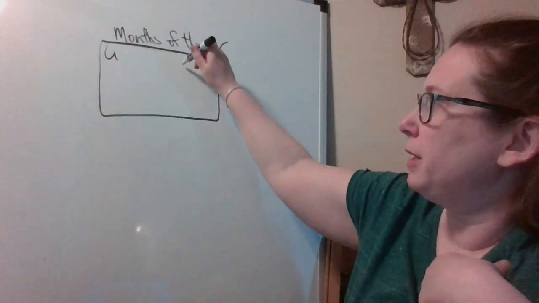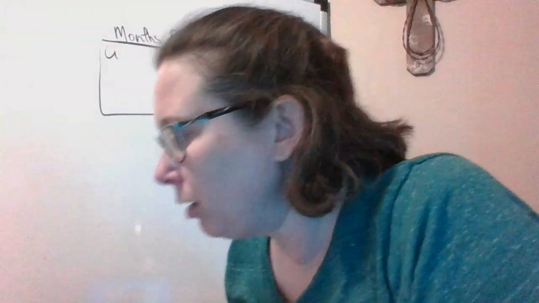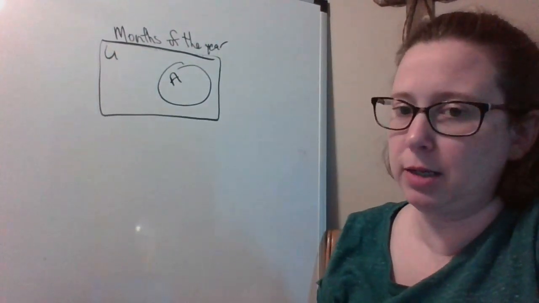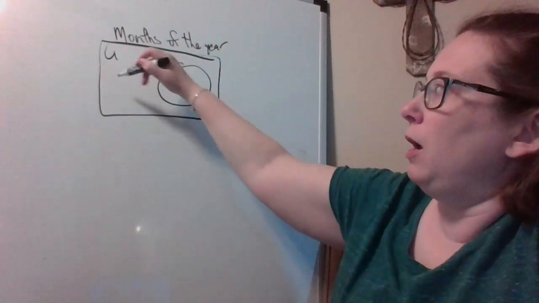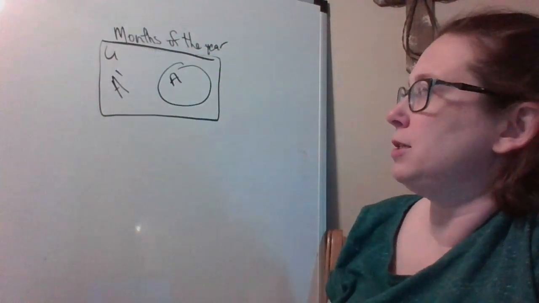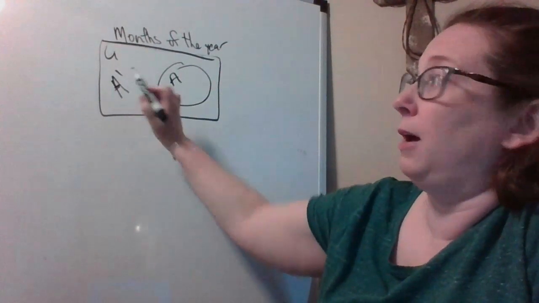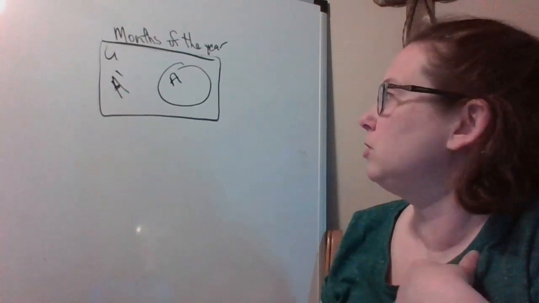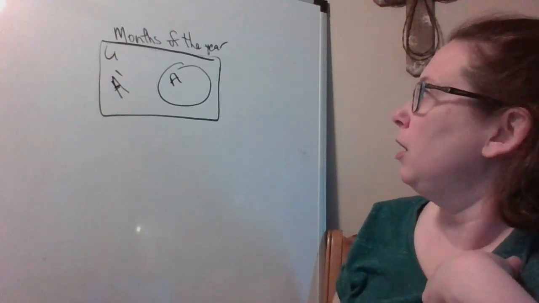Our subset that they want us to do, which they have called A, is going to be the months with 31 days. So all the months that have 31 days are going to go here, and then our complementary set would be the months that do not have 31 days, which would be the months with 30, and then February, the odd duck that doesn't have 30 or 31.